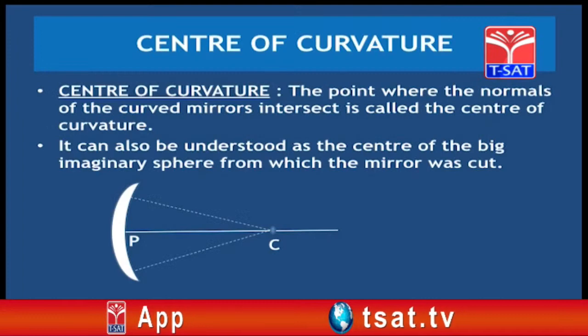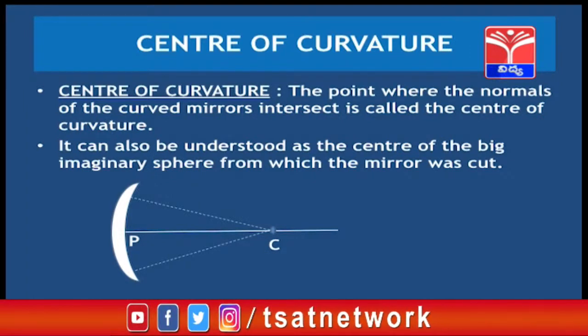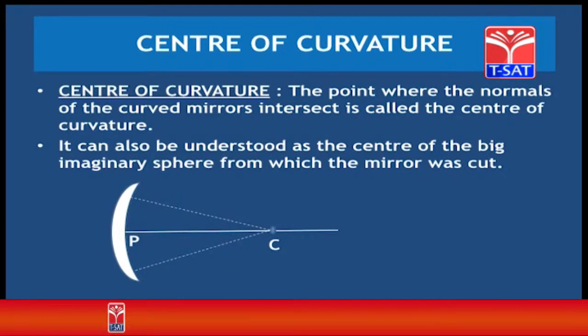Now let us define center of curvature that we have seen in the previous video. What do we mean by the center of curvature? The point where the normals of the curved mirrors intersect is called the center of curvature. This is what we have seen in the activity children, the foam and sticks activity.